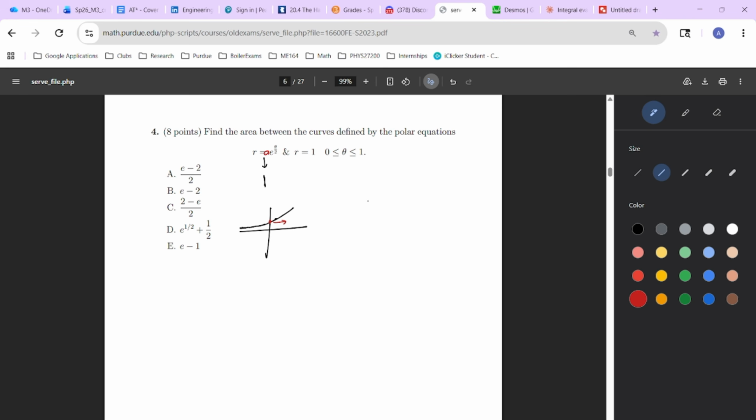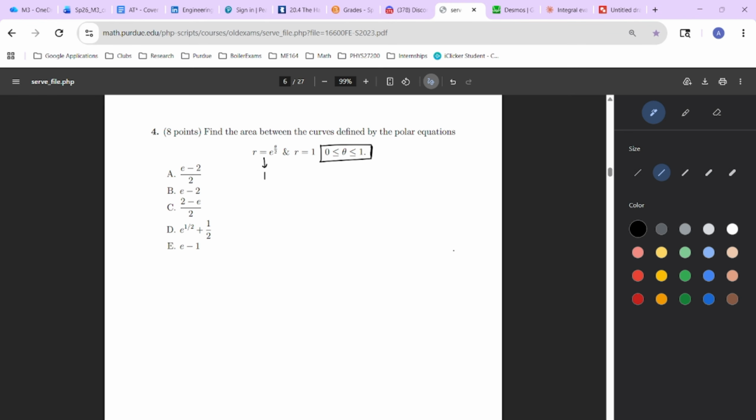In this case, our coefficient would just be 1. Thus, the minimum value of this first function must just be 1. If the function keeps growing in value, that means that e to the theta over 2 is always going to be greater than r is equal to 1, for at least the domain that we're given. And from that, we can begin solving this problem.